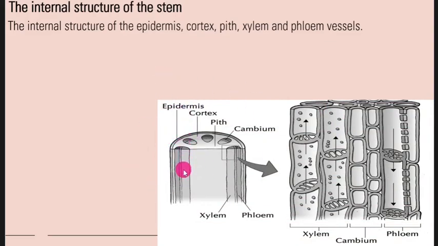So a stem has been cut to show what is inside. So what does it consist of? It has the outer layer here, which is the epidermis, then it has the inside part called the cortex, then it has the central part here called the pith, then it has what is known as the cambium as well.